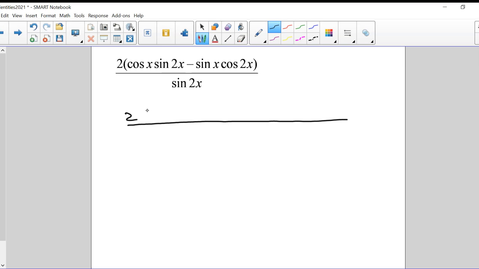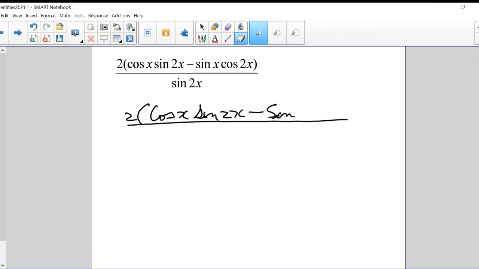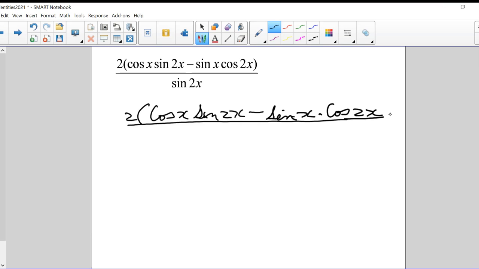I'm going to leave this as being this. So cos x sine 2x minus sine x dot cos 2x on top.